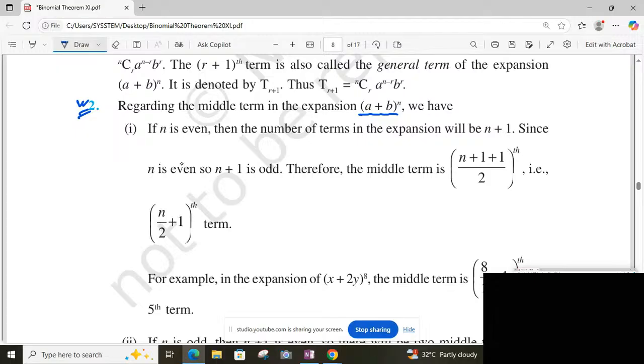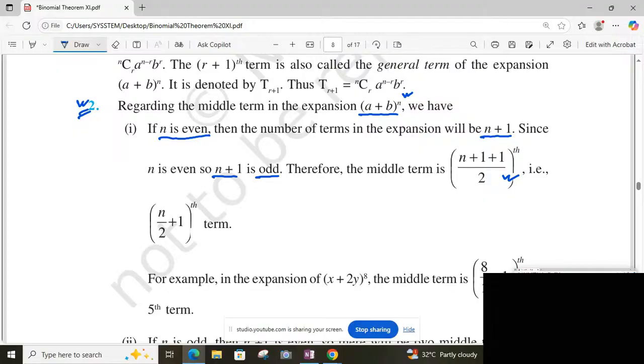if n is even, the number of terms in the expansion will be n plus 1. n is even, so n plus 1 is odd. Therefore, the middle term will be the (n plus 1) by 2 th term.